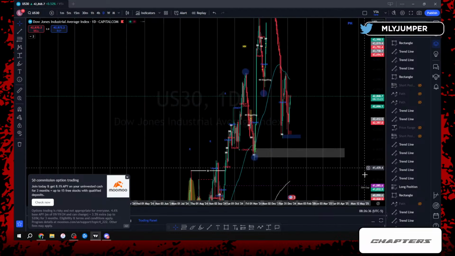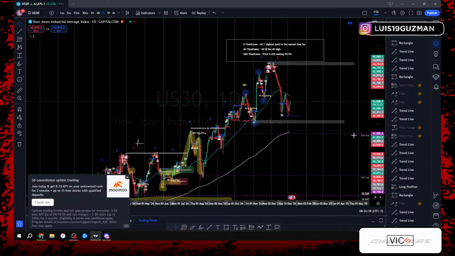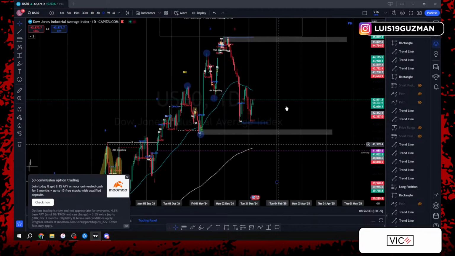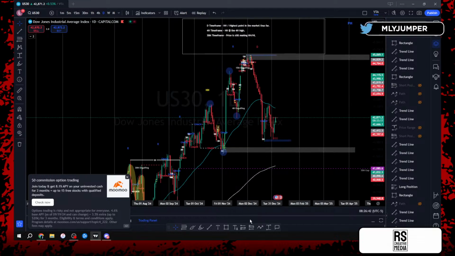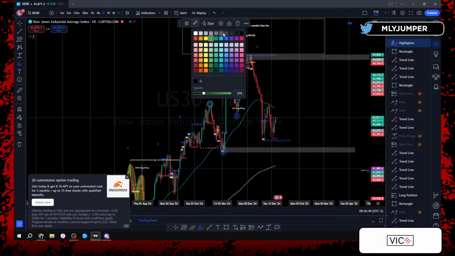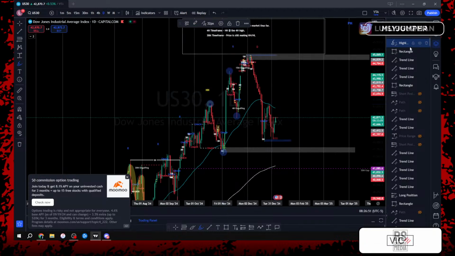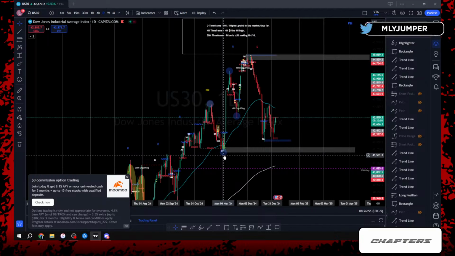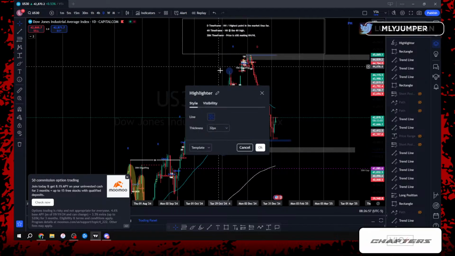So on US 30, we have on the daily time frame higher high. Let's change this to gray. As a matter of fact, let's just do this. It's all good. Give me 1 second. Let me do this.